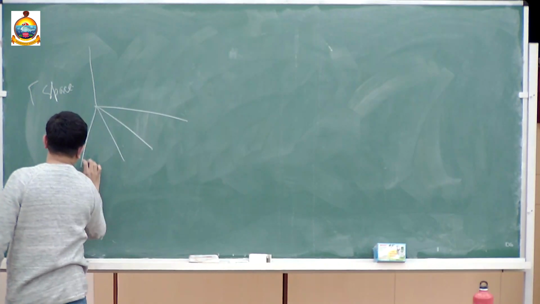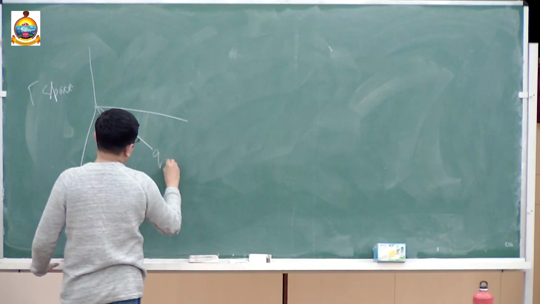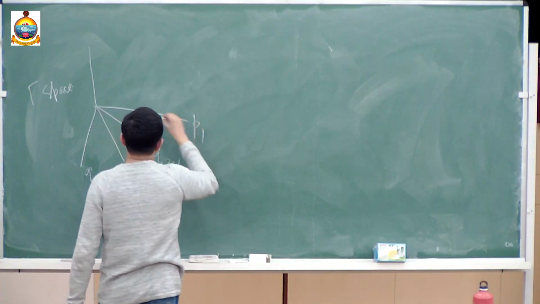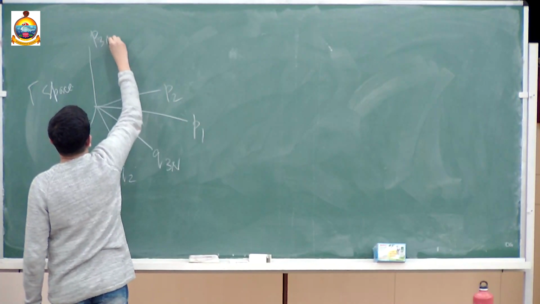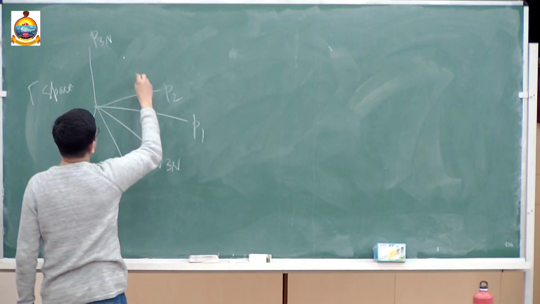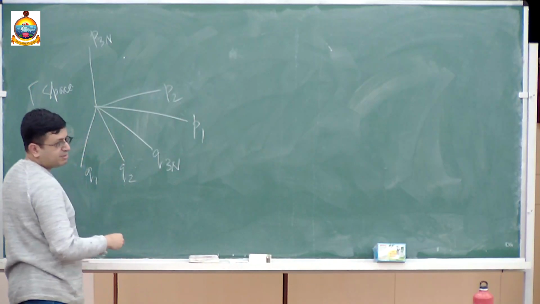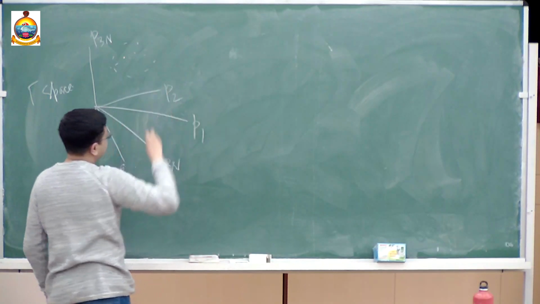The axes are q1, q2 up to q3N, and then p1, p2 up to p3N. This is one microstate of the system, and consistent with the given macrostate there may be many more. So you will get a collection of points.